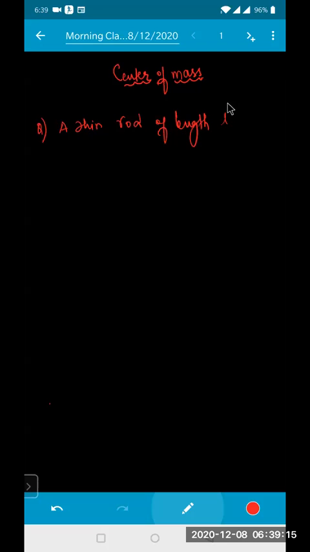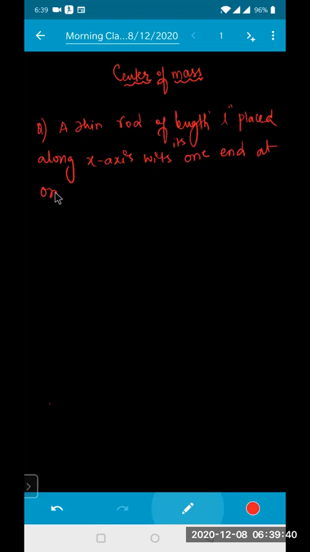The thin rod of length L is placed along the x-axis with its one end at the origin, and having linear mass density.